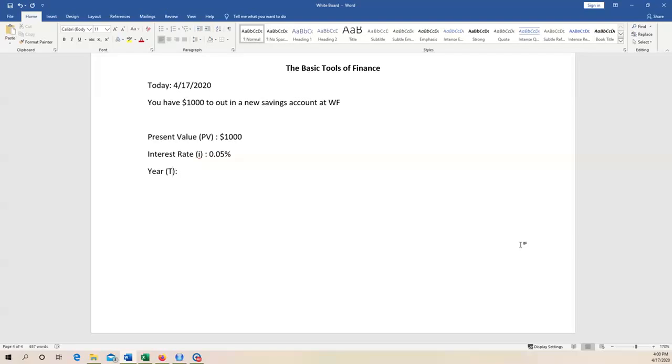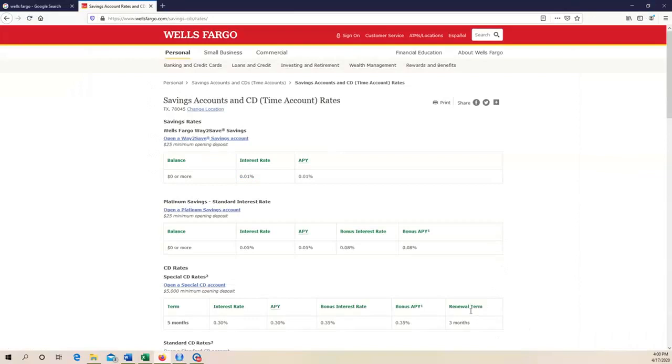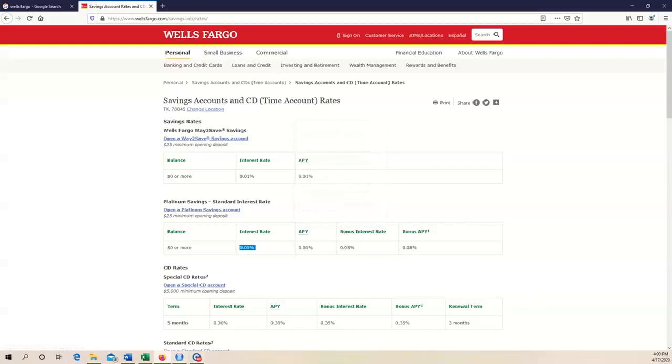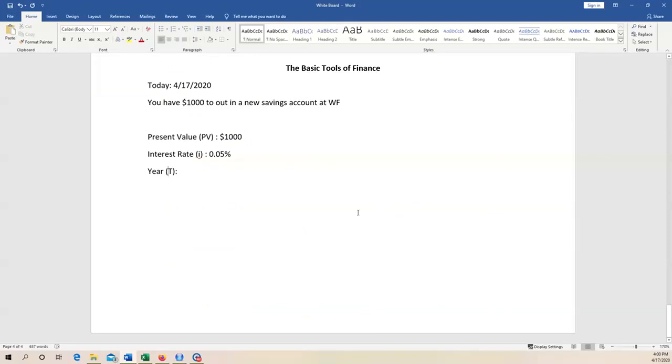I use the unit of year instead of month because the interest rate here is quoted on an annual basis, APY, annual percentage yield. So T refers to how many years. Suppose you want to put your money there for just 1 year.